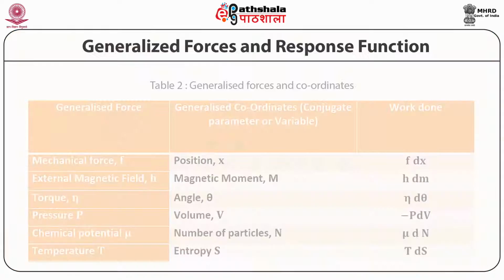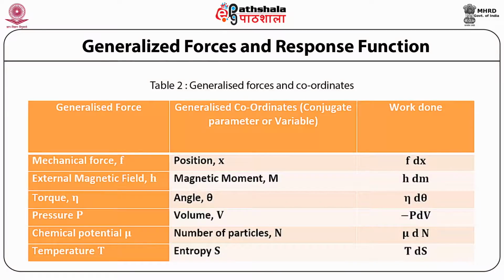The table which you are going to see now gives the list of generalized forces and coordinates of interest to us in thermodynamics and statistical mechanics. In this table, we have given generalized forces and generalized coordinates corresponding to each generalized force, which we may come across in future in the study of statistical mechanics.